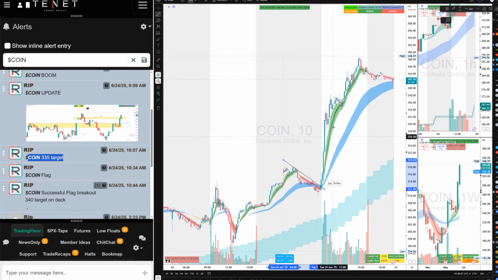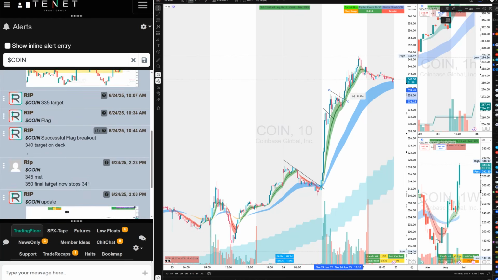And then we broke the nice little flag here, and then we pushed higher. You just keep moving your stops up. And then 340 target, another flag breakout. No need to stop out. You just need to respect the clouds. Keep moving your stops up like I show you every day, right? So my final target I gave was, you can see here, final target 350 and stops at 341.